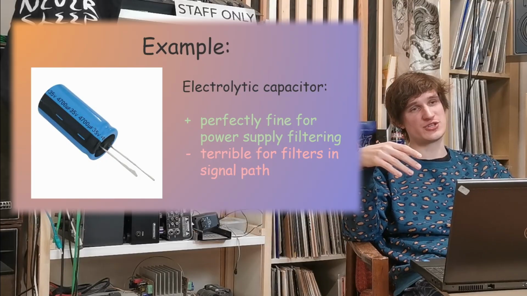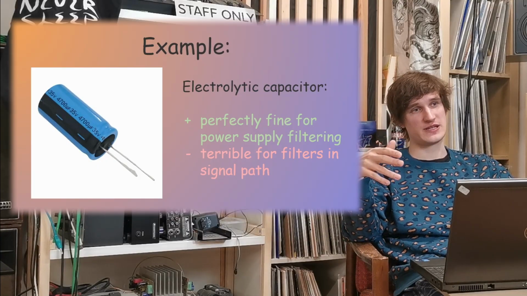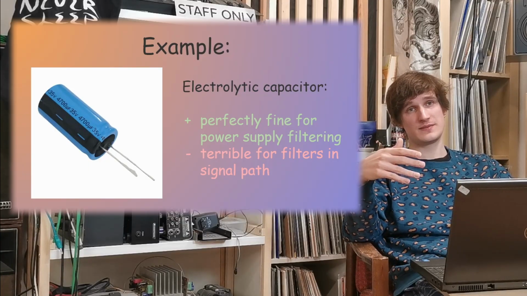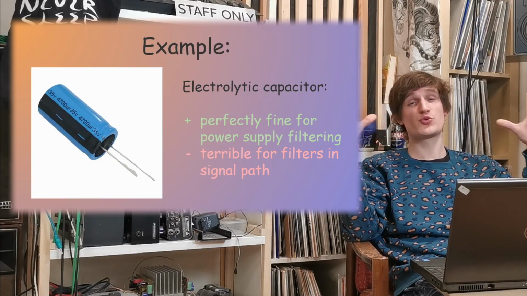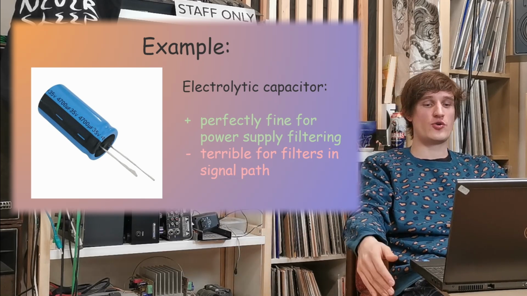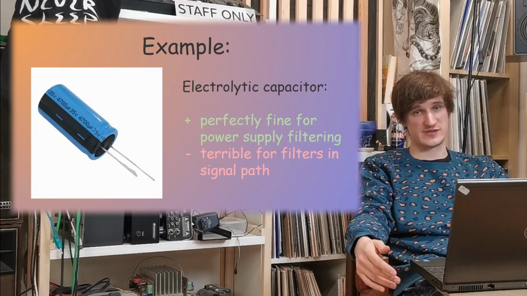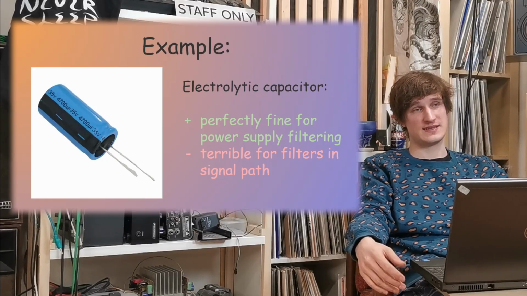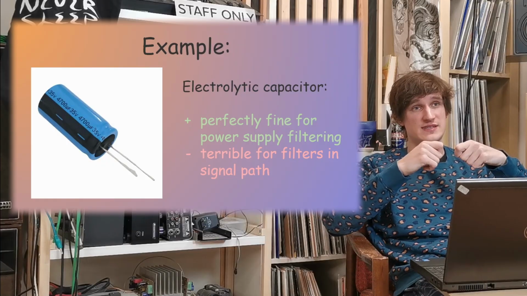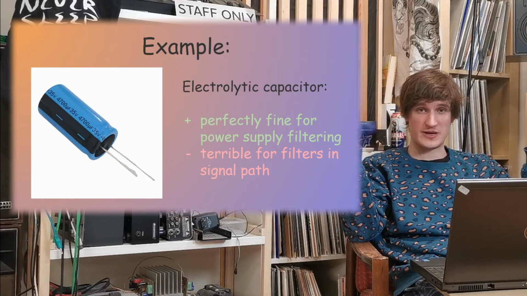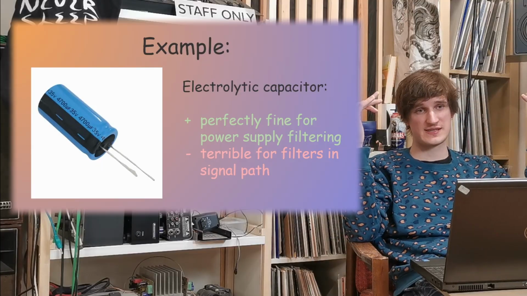When you buy a certain value of electrolytic capacitor, for example 1000 microfarad, usually manufacturers specify that its tolerance is about plus minus 20%. So if you buy an electrolytic capacitor with a value of 1000 microfarads, and when you measure it, it turns out that it has 800 microfarads, it's within the specification, it's within the tolerance.